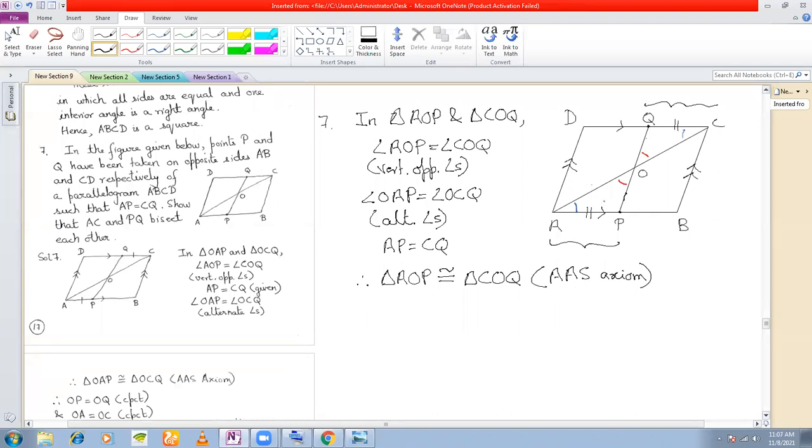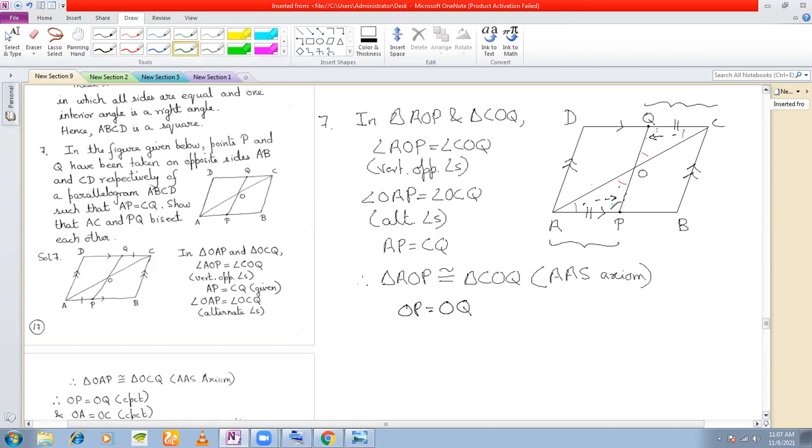Okay, so we have proved that these two triangles are congruent, and therefore now you can say that this side OP is equal to this side OQ. OP is equal to OQ. And obviously if two angles of a triangle are equal, the third angle will also be equal.